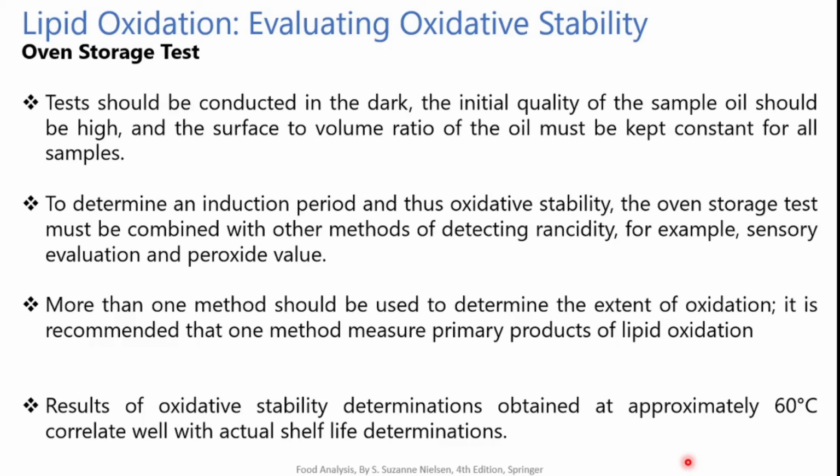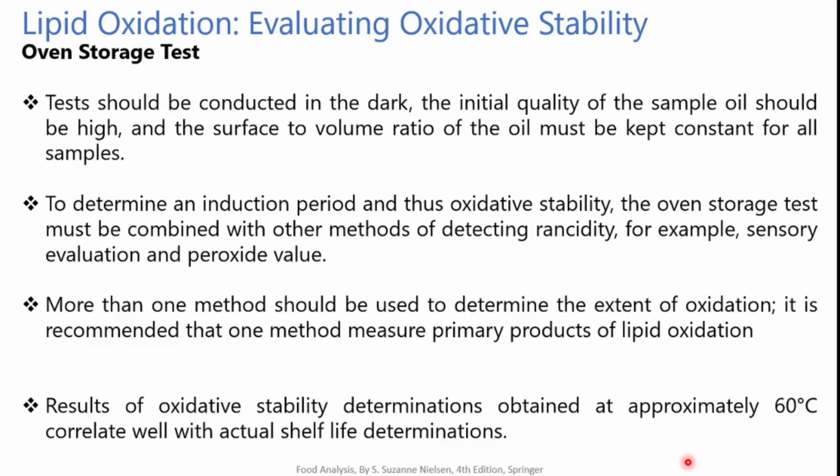In order to determine the induction period and thus the oxidative stability, the oven storage test must be combined with other methods of detecting rancidity such as sensory evaluation and peroxide value. More than one method should be used to determine the extent of oxidation. It is recommended that one method measures the primary products of lipid oxidation, so we should use a supportive method for evaluating oxidative stability.